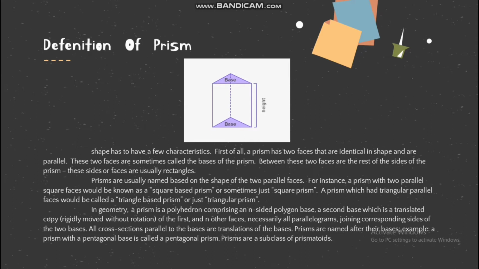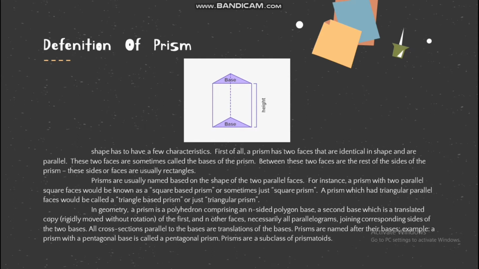In geometry, a prism is a polyhedron comprising a polygon base, a second base which is a translated copy of the first, and other faces, necessarily parallelograms, joining corresponding sides of the two bases.